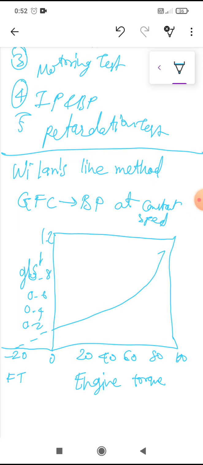If we use the same test for a CI engine, there is qualitative governing, and hence a fixed amount of air enters the cylinder and no negative pressure and pumping losses occur. So we get a relatively closer value of friction power. The errors are greatly minimized. So the Williams line method is applicable only to diesel or CI engines.